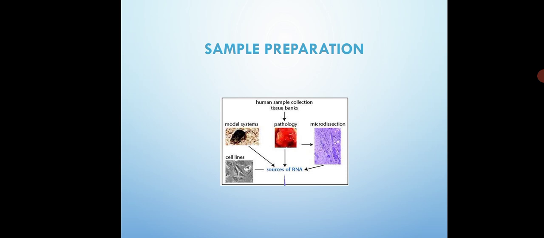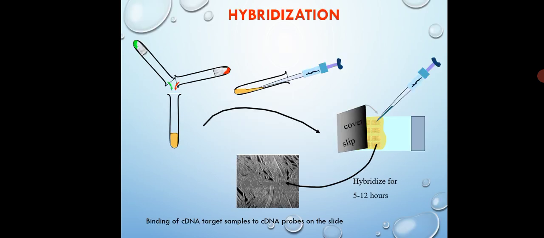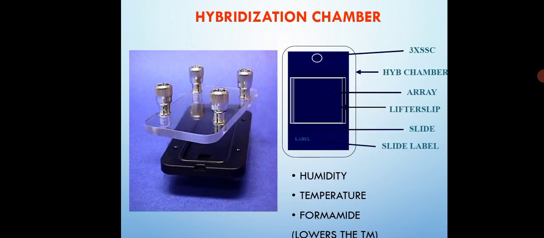And the sample preparation: when you are going to perform the DNA microarray, get the specific sample, separate the cells, isolate all the expressed mRNA, and convert them into cDNA. So this is the hybridization process, that is, the binding of the cDNA target sample to cDNA probes on the slides.